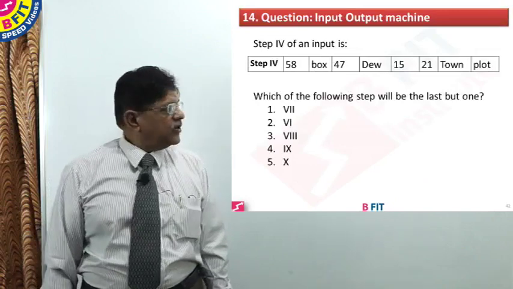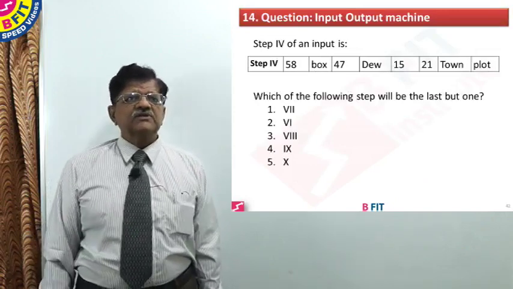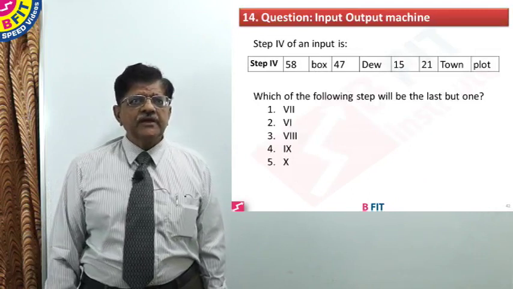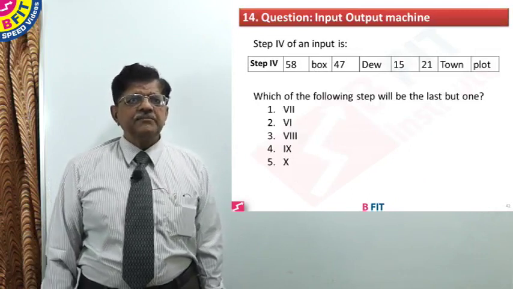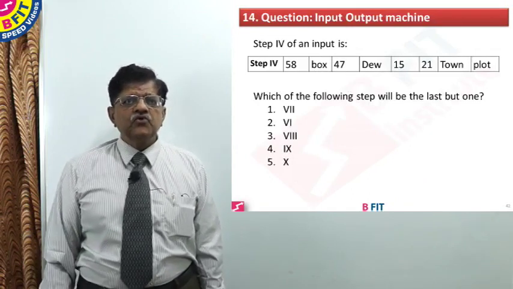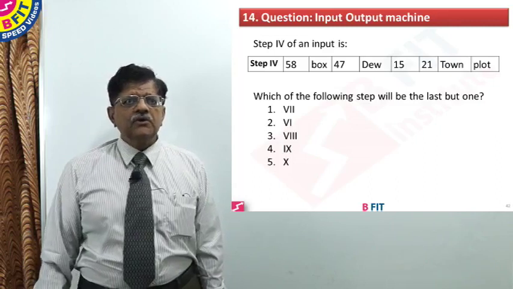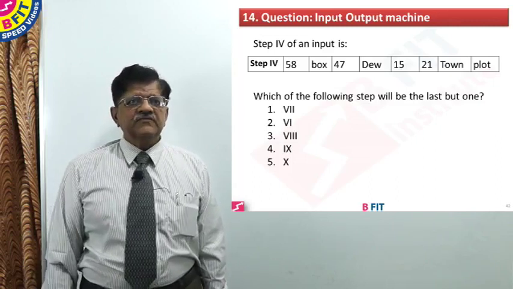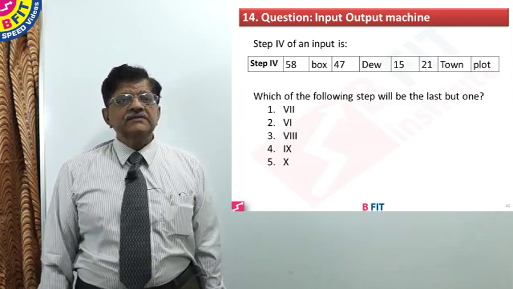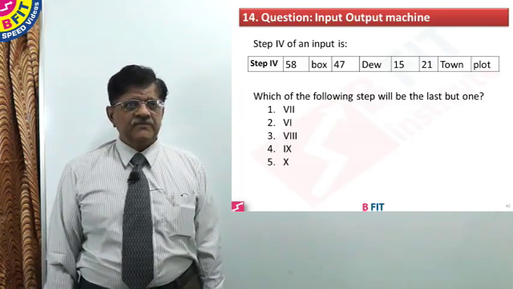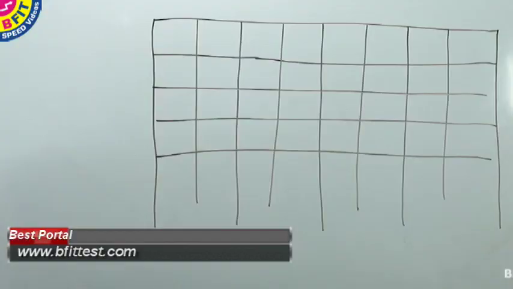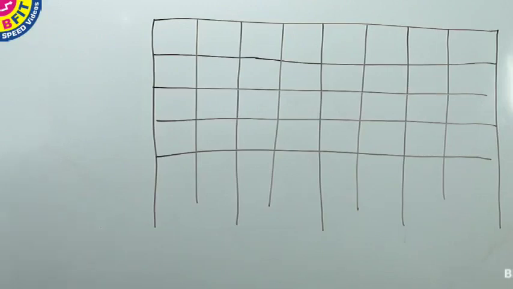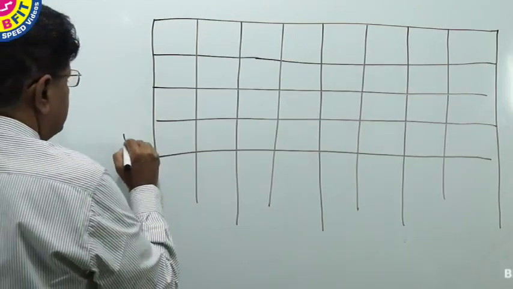Question number 14. What is question number 14? Step 4 of an input is 58 box 47 due 15 21 town plot. Which of the following step will be the last but one? Let us see the working. Which will be the last but one? What is step 4?